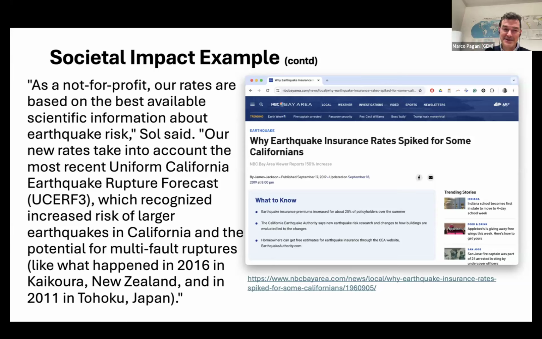But from a societal impact point of view, UCERF had deep consequences on the public, because what they had to face were increases in the rates for their insurance, because the calculated risk from UCERF went up quite a bit.